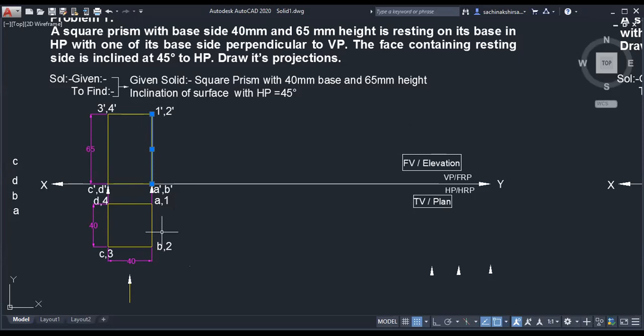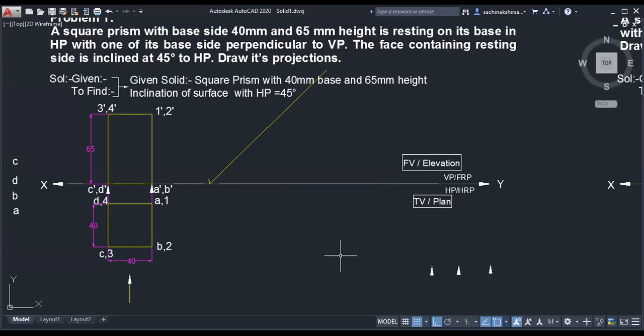45 degree. Now the general method. Take a random point here. How many degrees will the line you draw from here make? 45. Any distance you can take, and this line will make how much angle? 45.